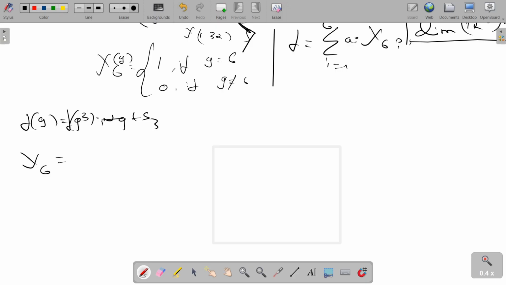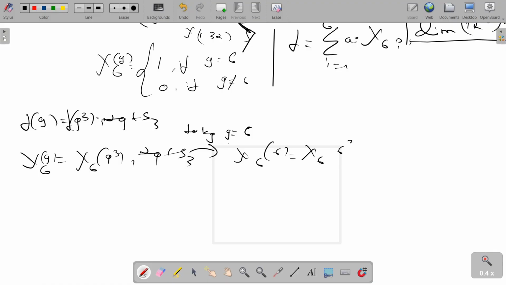So the idea is, chi of sigma g is chi of sigma g cube, and this is true for all g belonging to S3. Now we take g to be sigma, so it will give us chi of sigma and chi of sigma cubed, which will imply that sigma equals sigma cube.